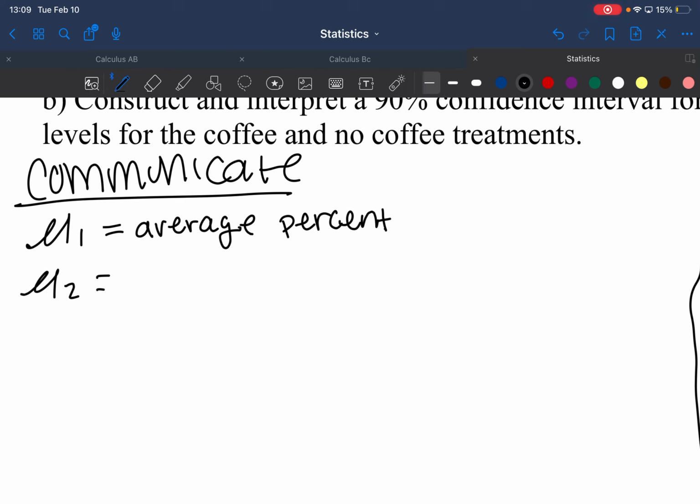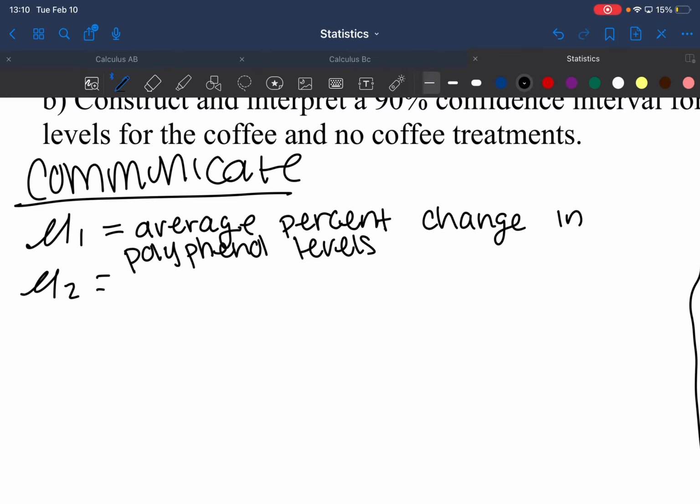So the average percent change in polyphenol levels for coffee drinkers. And then mu2 should be the same except for non-coffee drinkers.